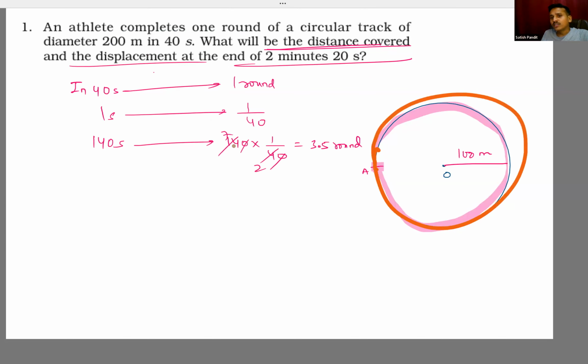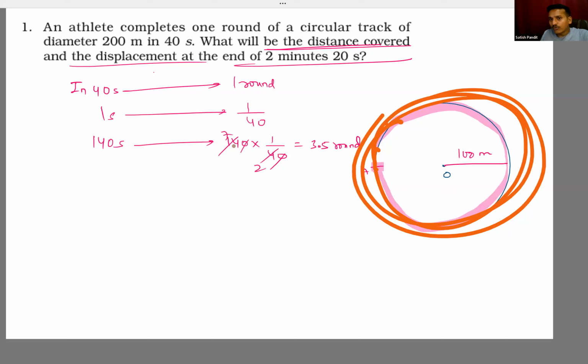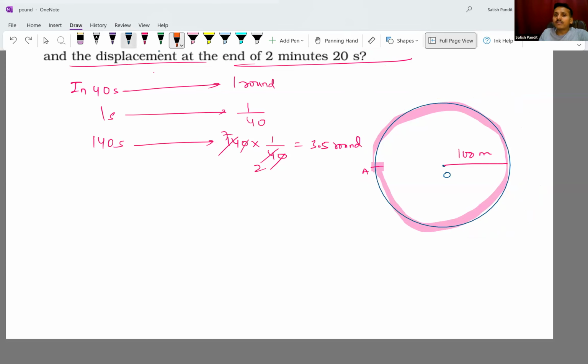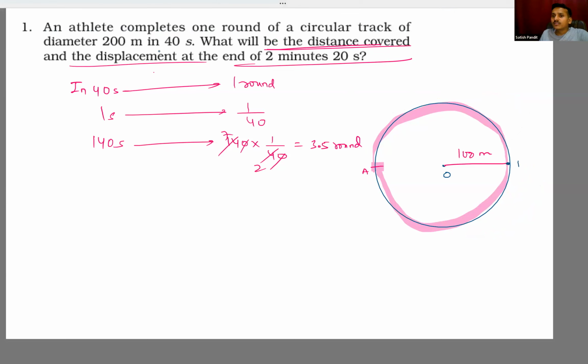This is 1 round, 2nd round, 3rd round, and half round means the athlete will be at this point. Yes or no? That means after 3.5 rounds, the athlete will be at the point B. Roshan, understood or not? Yes. Yes, sir.